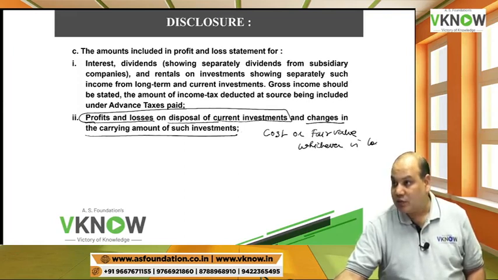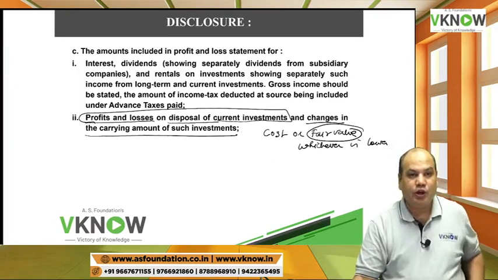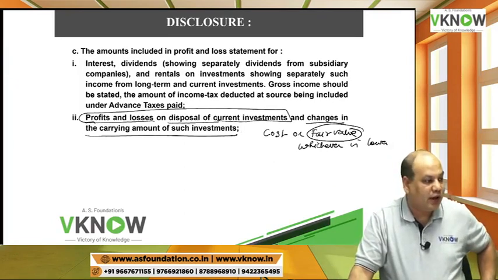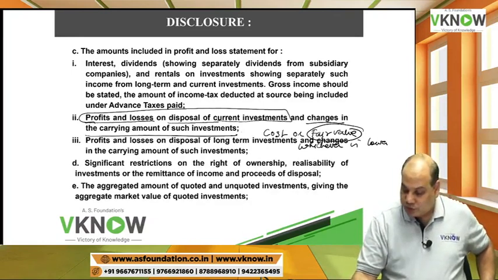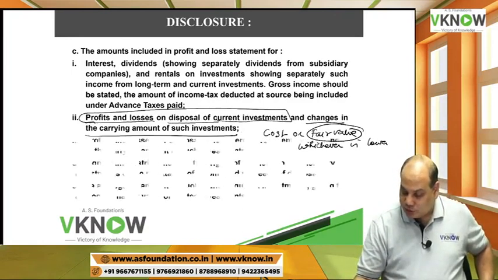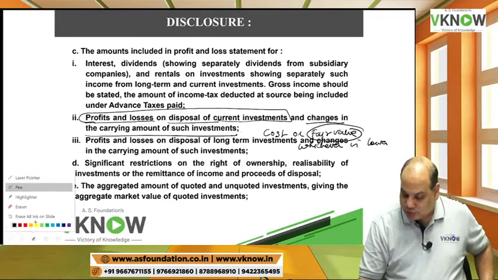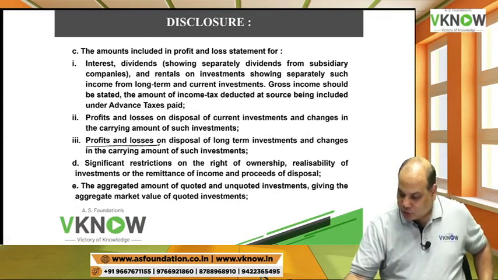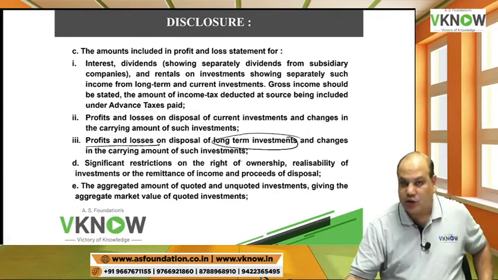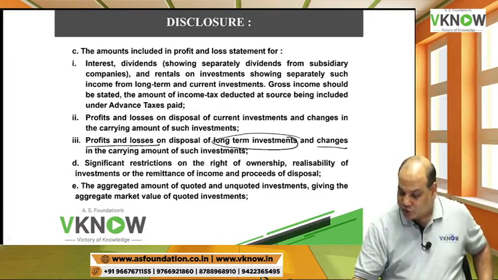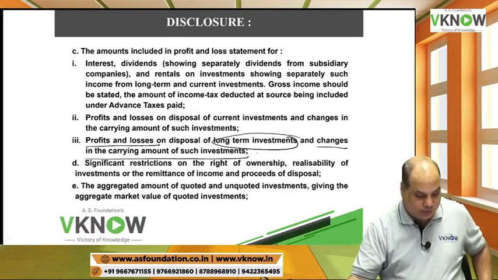So if the fair value goes down, you will reduce the carrying amount. That will be disclosed. Then you have to disclose profit and loss on the same thing, only this time for long term investment, and any change in the carrying amount of such investment.